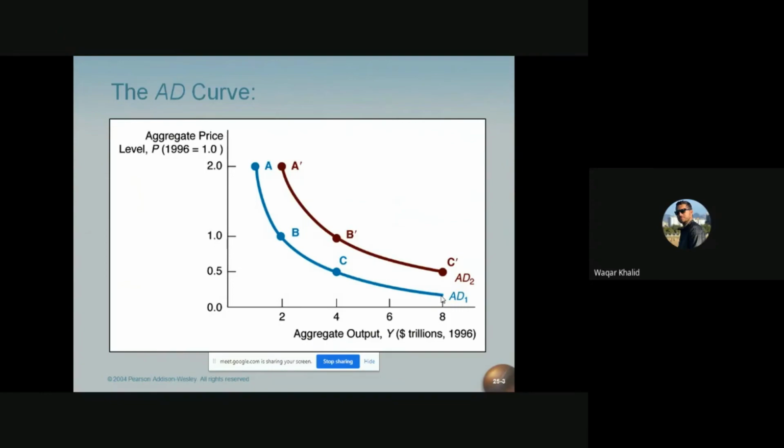For example, we are keeping the supply of money constant, and we are just changing the aggregate price level from 2 to 1 and from 1 to 0.5. So we are getting more value for the aggregate output level. That's why the aggregate demand curve is a downward sloping curve.